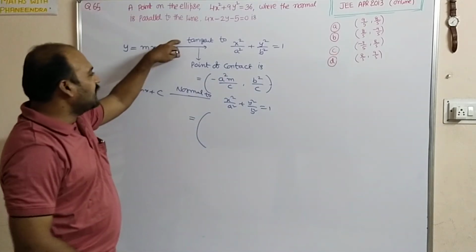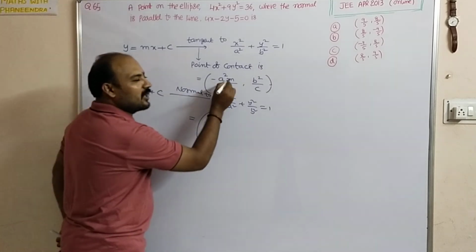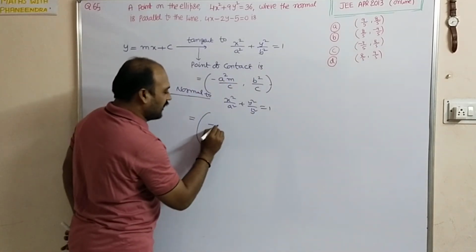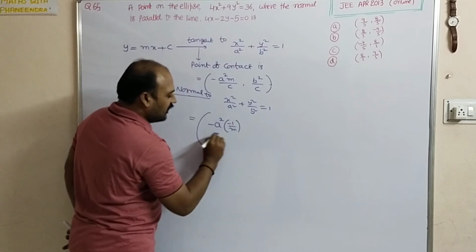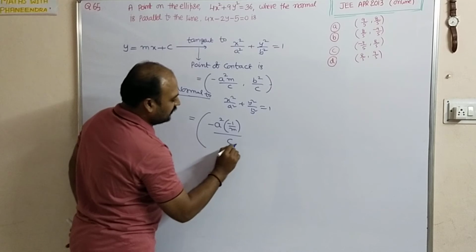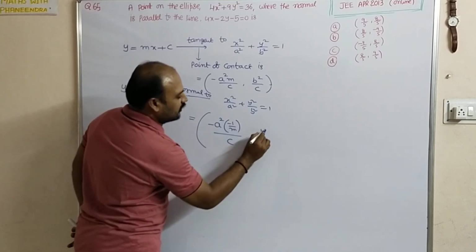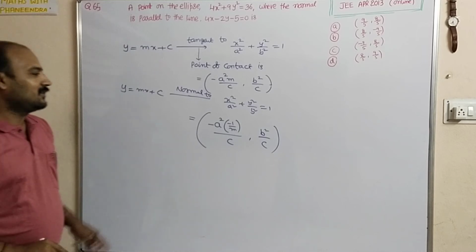Why? Because tangent is perpendicular to normal, normal is perpendicular to the tangent. So wherever m is there, minus 1 by m you have to replace. Minus a square into minus 1 by m divided by c, comma b square by c. Wherever m is there, minus 1 by m you have to write it.